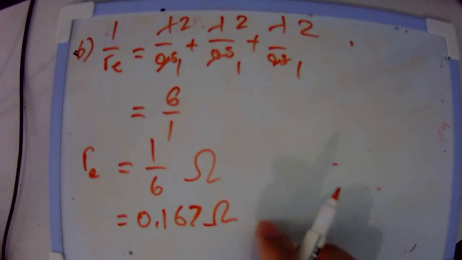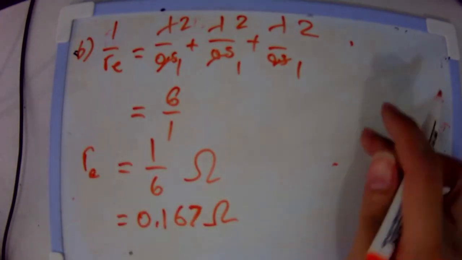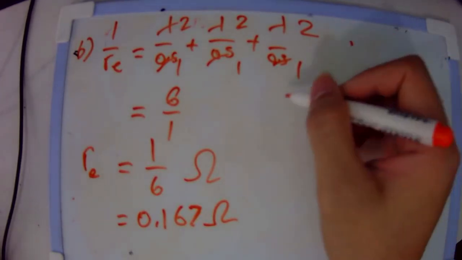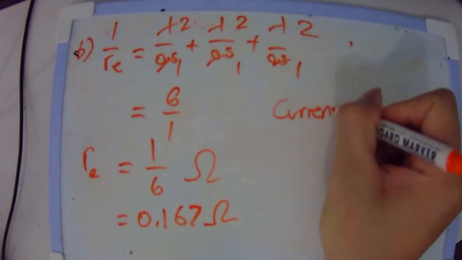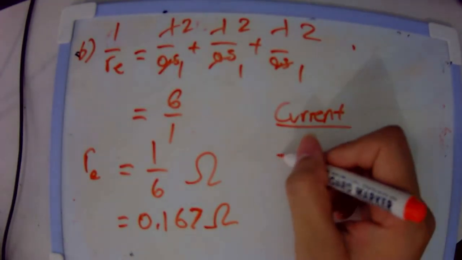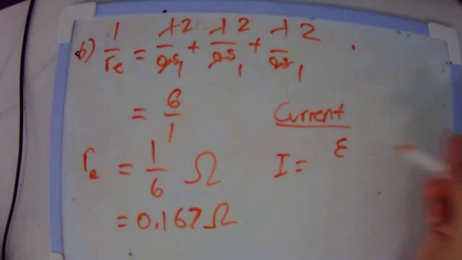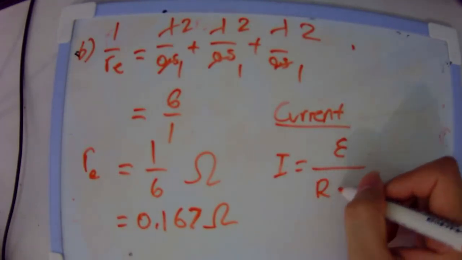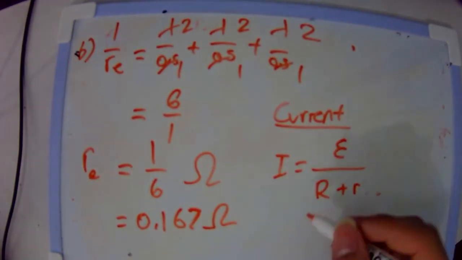So now that we have calculated the effective resistance, we can go back to calculating current. We use the same formula as just now, I equals E over R, external resistance plus internal resistance.